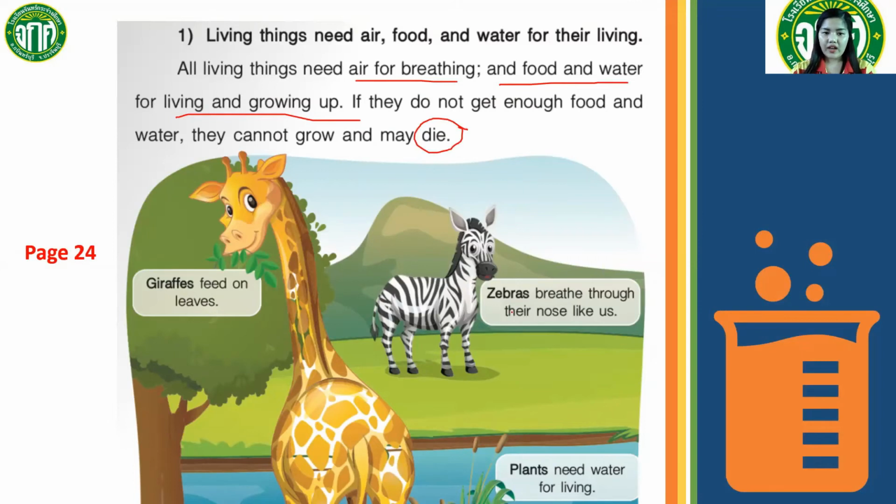We have here an example. We have a giraffe. Giraffe feeds on leaves. That is the food of giraffes. Next, zebras breathe through their nose, like us. Next, plants need water for living.